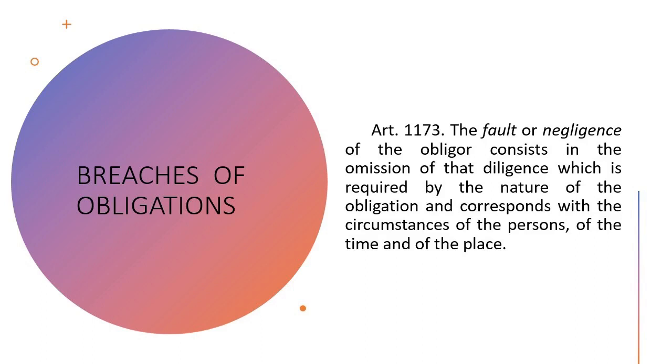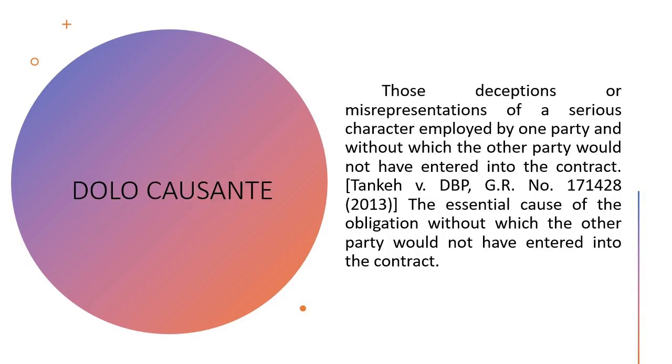Article 1173. The fault or negligence of the obligor consists in the omission of the diligence which is required by the nature of the obligation and corresponds with the circumstances of the persons, of the time, and of the place. Dolo causante.